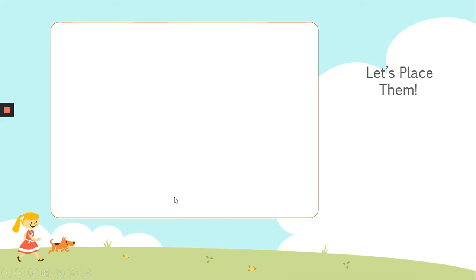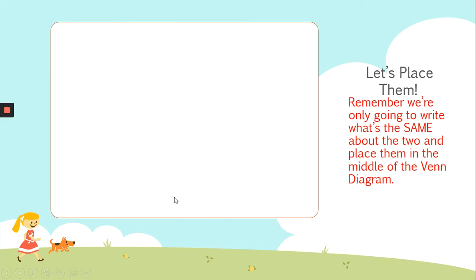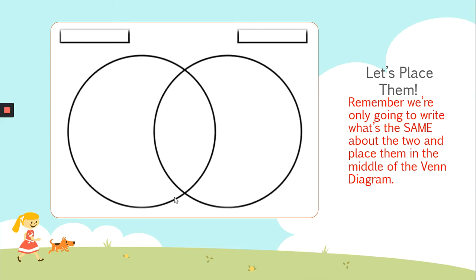Now let's place them on our Venn diagram. Remember, we're only going to write what's the same about the two and place them in the middle of the Venn diagram. First, we need to label our Venn diagram. Tiger and cat.